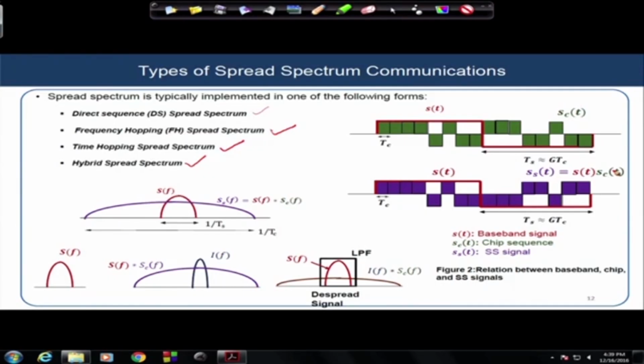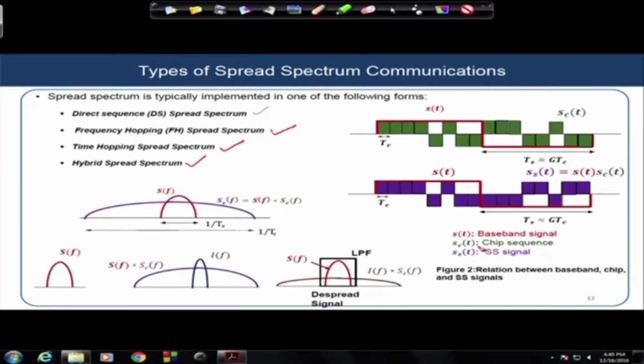Once the red and green signals are multiplied, you end up with a spread signal, and there is no existence of Ts finally. You end up with a spread spectrum signal with the individual pulse duration governed by Tc.